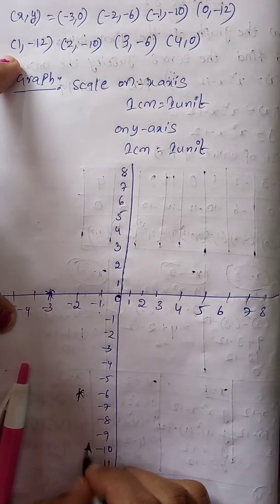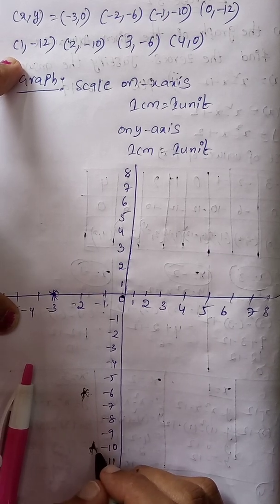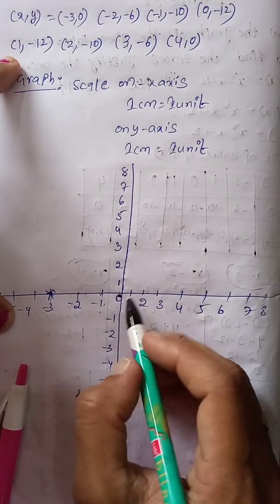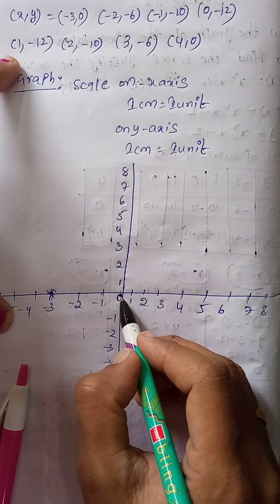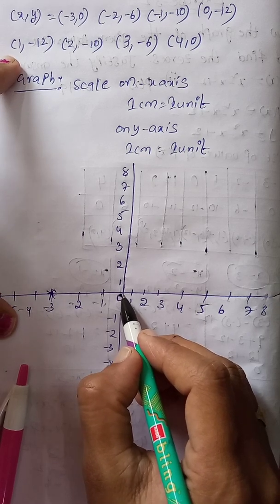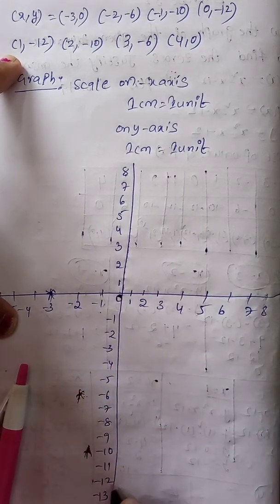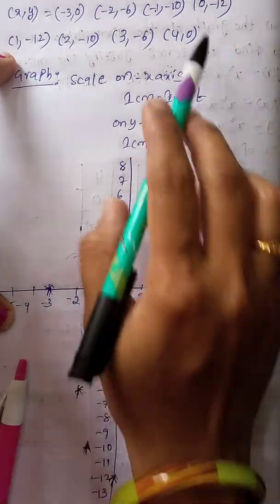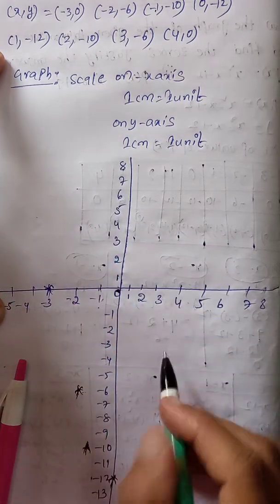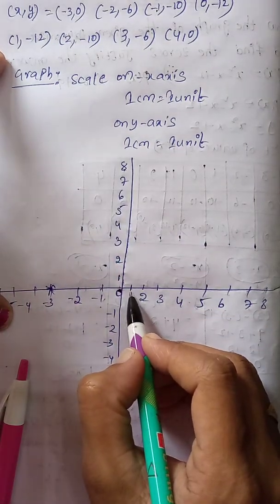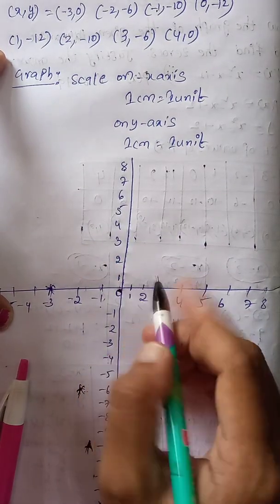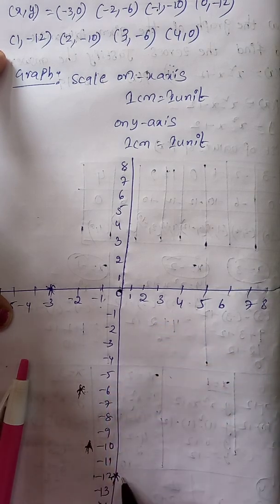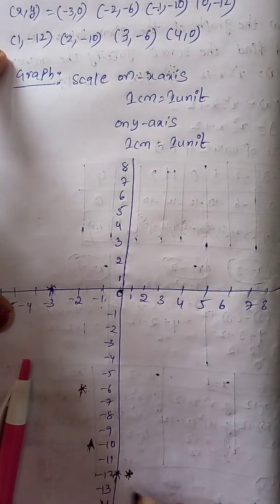Okay, next 0 comma minus 12. On the x axis it is 0, y axis minus 12, here. Next 1 comma minus 12.